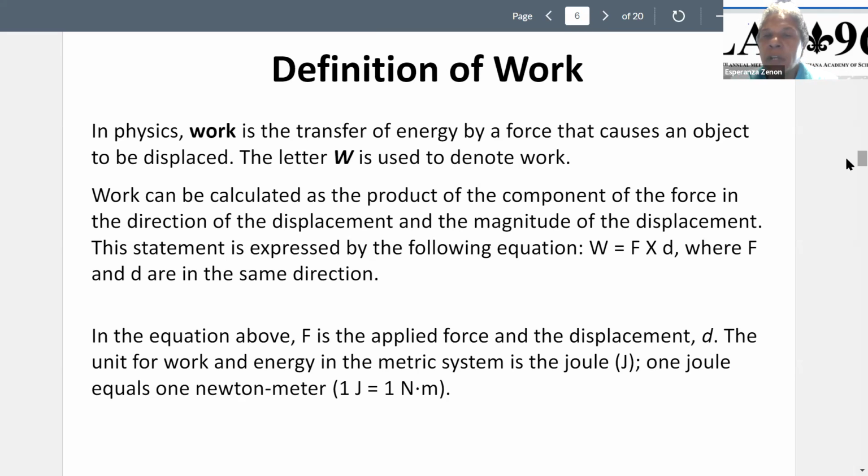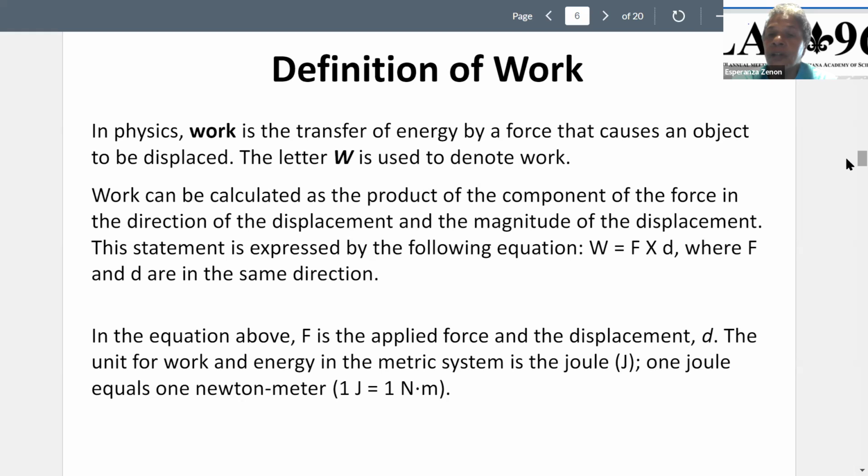But what about the scenario where you have F and you have D, but no work is being done? That's the scenario where you carry an object. If you carry an object, you are supporting its weight with a force. You are moving the object, but the force and the displacement are not in the same direction. When you carry an object, the work is 0 because the force and the displacement are perpendicular to each other, a 90-degree angle. Your force is supporting the object vertically.